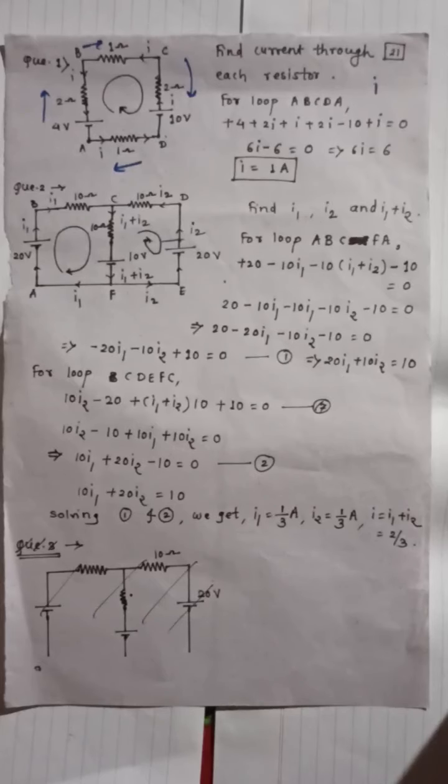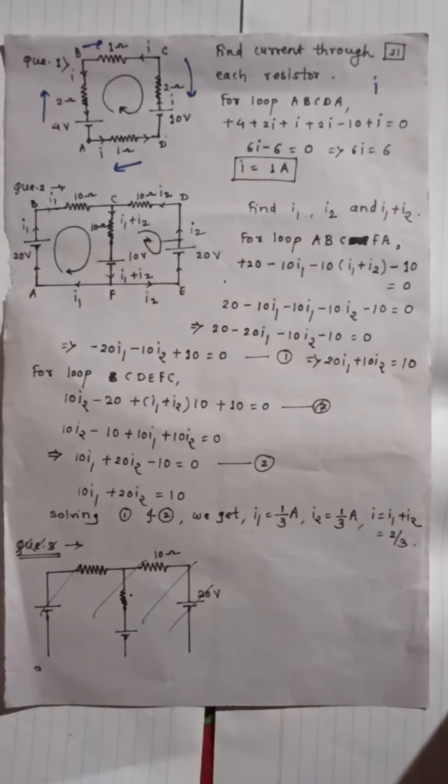For that we use a sign convention in which if the current is coming towards the junction, then that current is considered positive, and if the current is leaving the junction or moving away from the junction, then the current is considered negative.